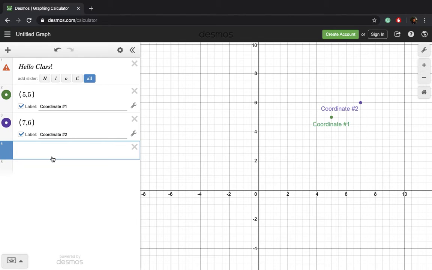I want you to do -3, 2. If you get stuck, you can ask your partner. They can help you. Both should be able to figure this one out. So -3, 2. What is this? Y or?